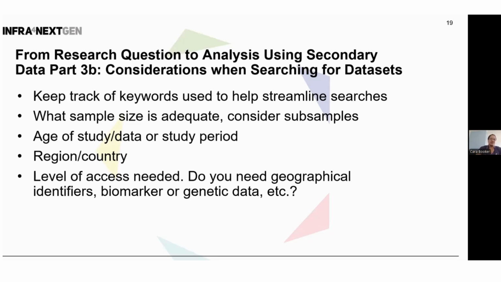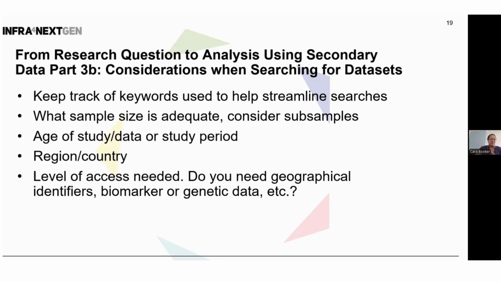Obviously the region and country. So where does the data come from? What region does it cover? And the level of access needs. So do you need anything that might be considered more sensitive? Do you need geographical identifiers? If you do, how specific do you need them to be? Do you want specific addresses because you're linking to something else, or are regions large enough?